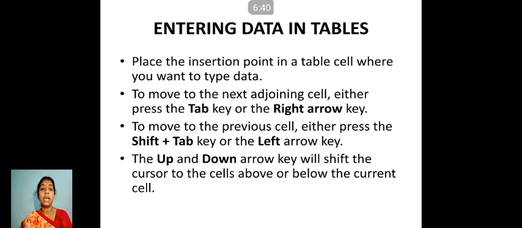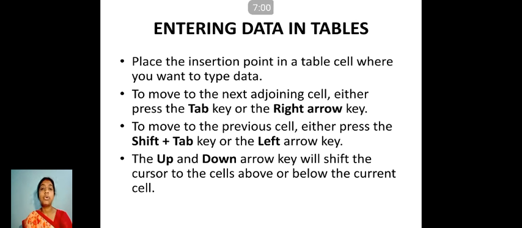The second thing is, if you want to move to the adjoining cell, you have entered the data in the first cell, then you want to move to the just next cell. Then you can either press Tab from your keyboard or the right arrow key, means you move to the right side.